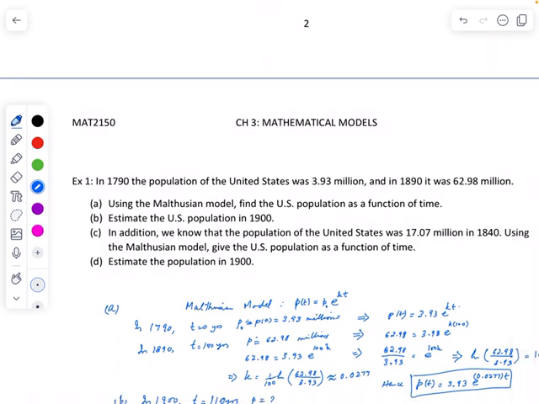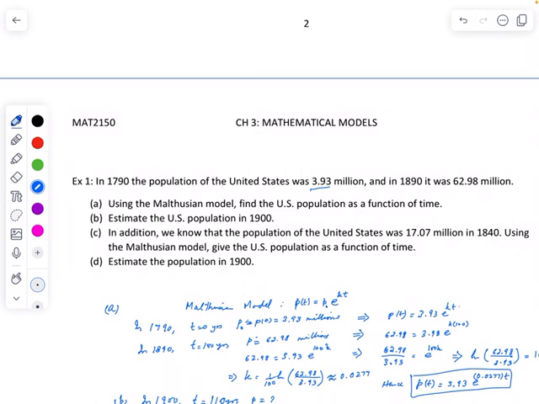An example says that in 1790 the population of the United States was 3.93 million, and in 1890 it was 62.98 million. First part, using the Malthusian model, find the US population as a function of time.